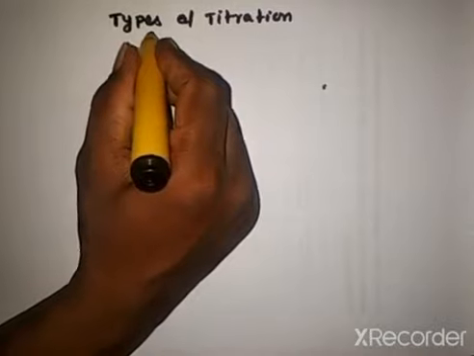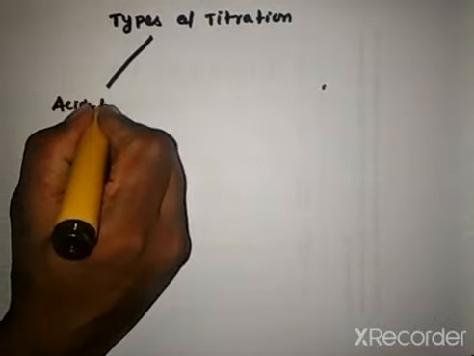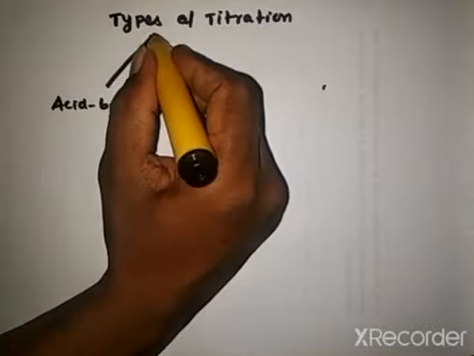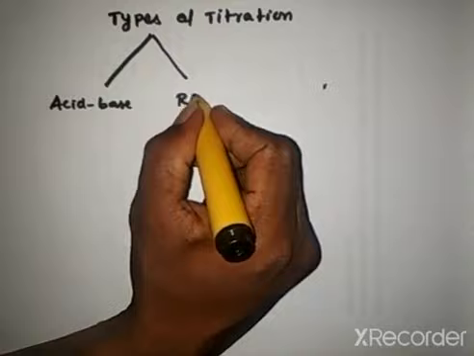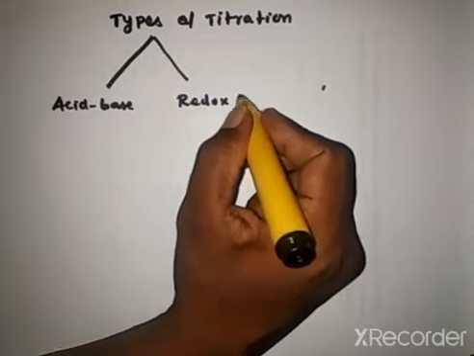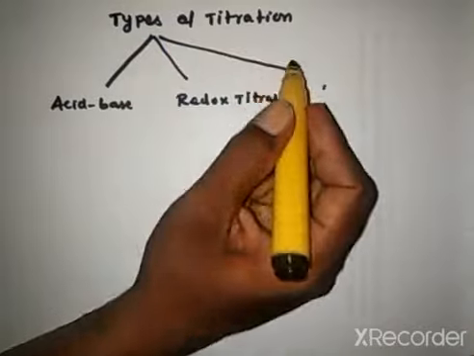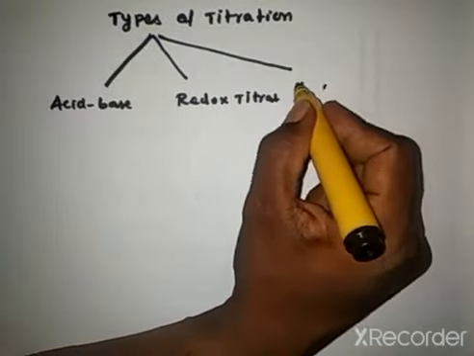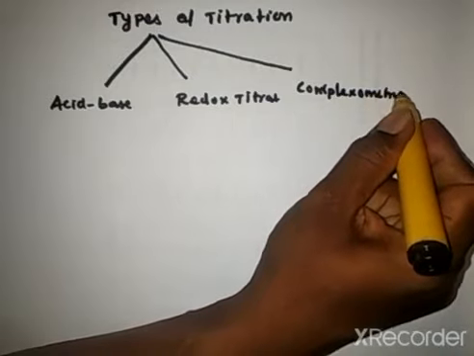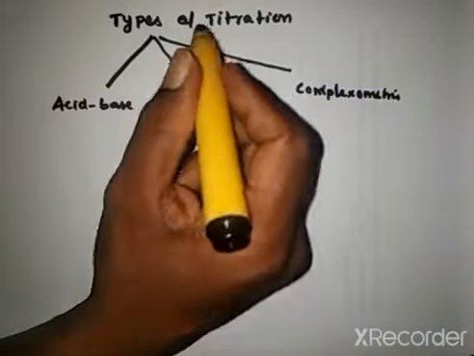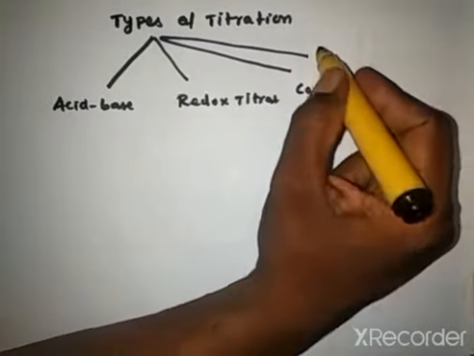So one is acid base titration, then the next one is redox titration, and the third one is complexometric titration, then the fourth one the precipitation titration.